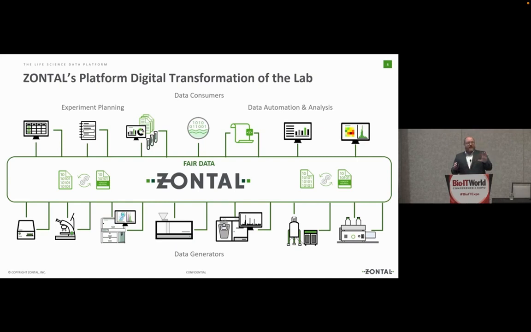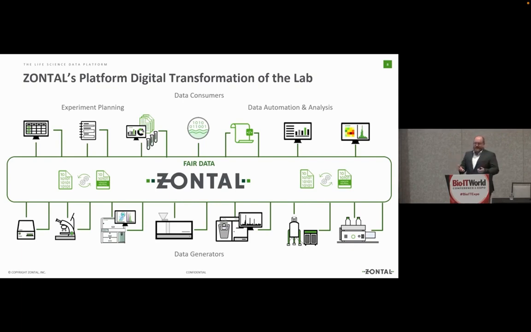ZONTAL is there waiting for the next step. The next step is the instrument produced output files or some output that we wait for. And as soon as this output is produced, this is picked up by ZONTAL. We ingest the data, we parse the data, we put it in a data package that actually contains all of the metadata and all of the data flow.